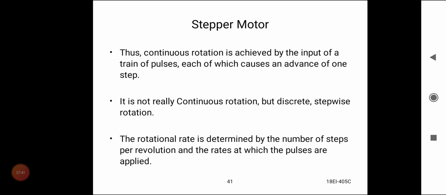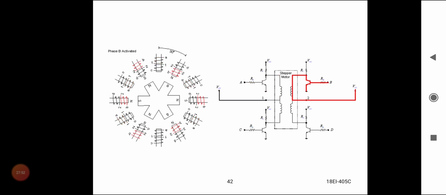The rotational rate is determined by the number of steps per revolution and the rate at which the pulses are applied. So here the number of poles are 1, 2, 3, 4, 5, 6, 7, 8, 9, 10. 12 positions are there.